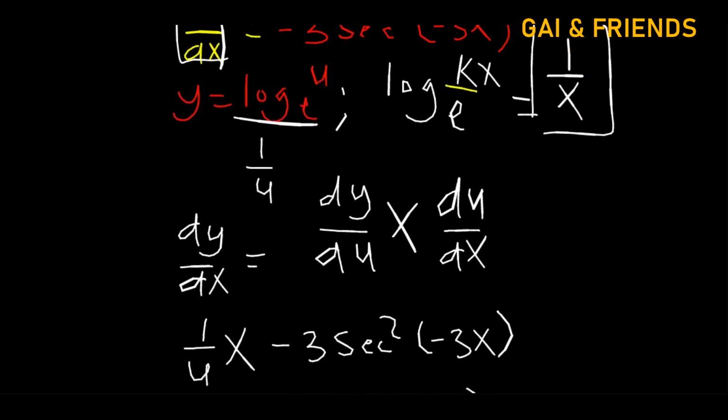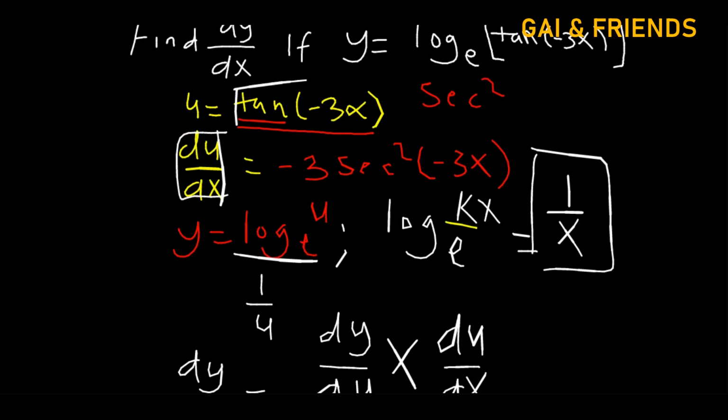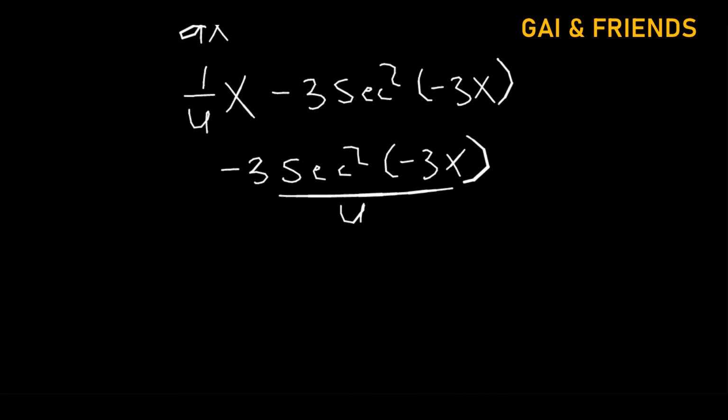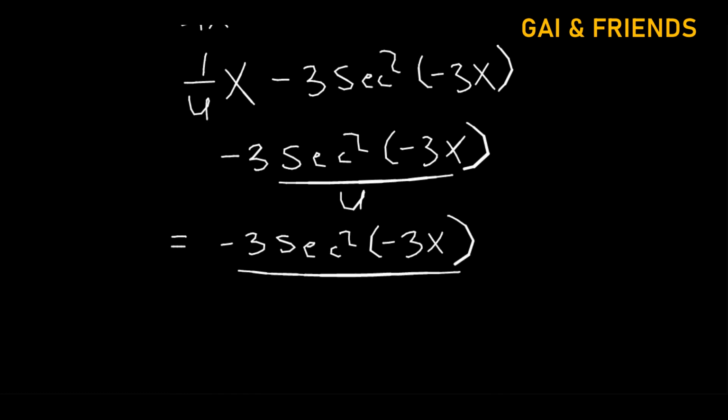And our u here is tangent negative 3x. So it's going to be negative 3 secant squared negative 3x out of tangent negative 3x.